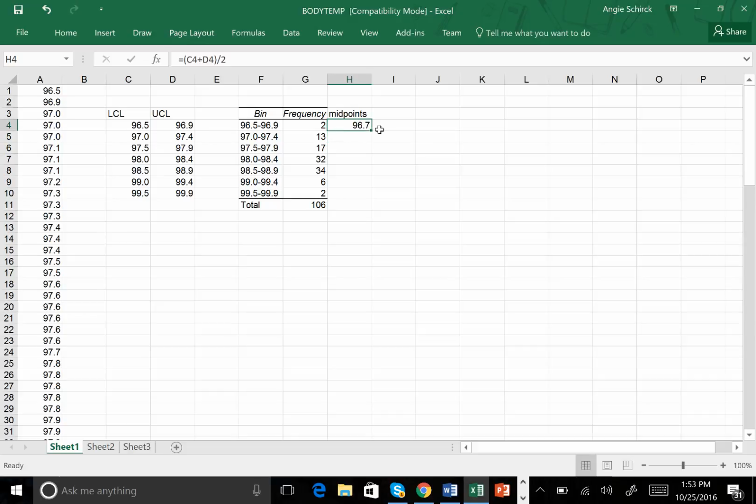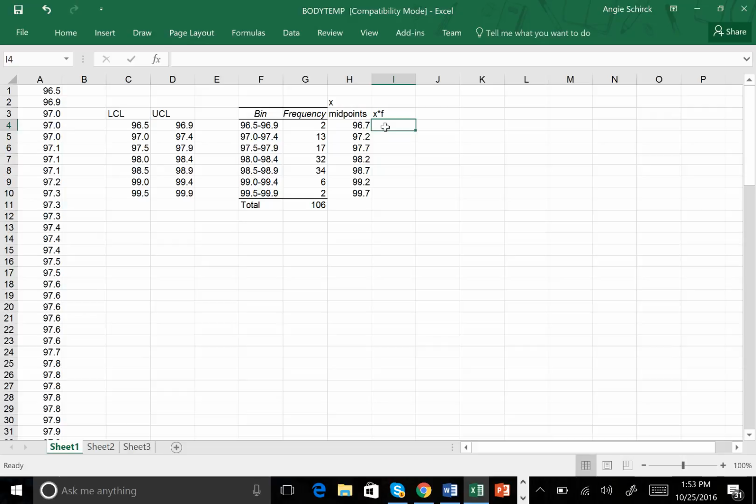And then to get the other midpoints, I'll just grab the corner of this and drag it down. So that will be all the midpoints of my class. For the mean, we're going to need to know what the data value x times the frequency is, where x is actually the class midpoints.